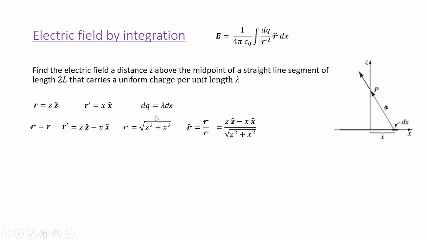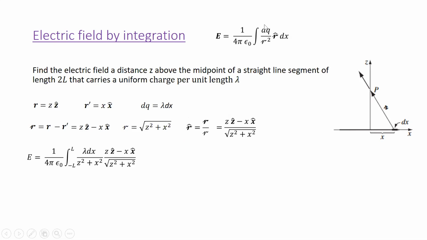Then substitute in for our script r right here, and for our length of the diagonal, the square root of z squared plus x squared. Okay, so there we have the unit vector from where our charge is to where our electric field is being found.